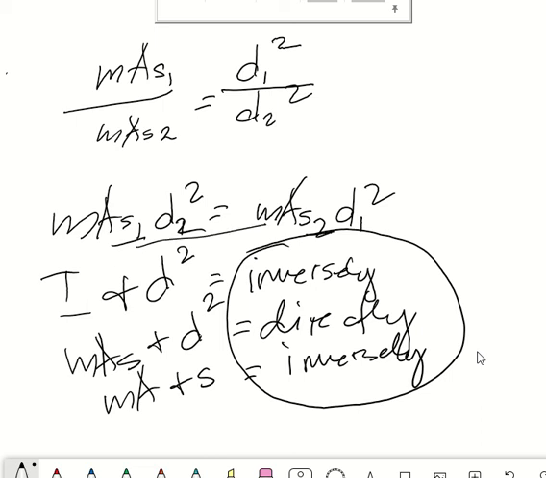Kapag nag-increase ka ng distance from 40 to 100, increase distance will also increase the MAS. Dapat.